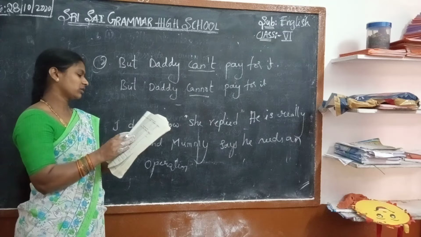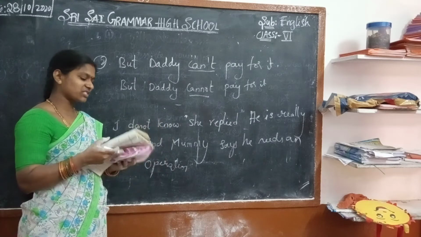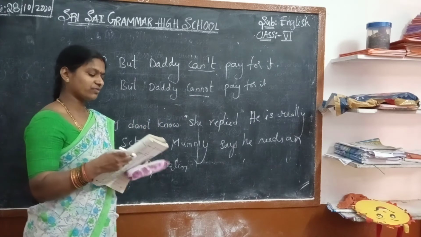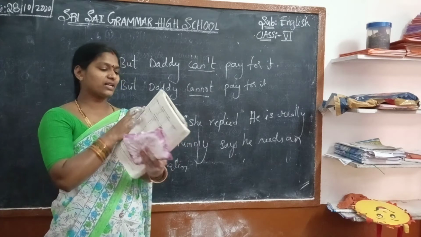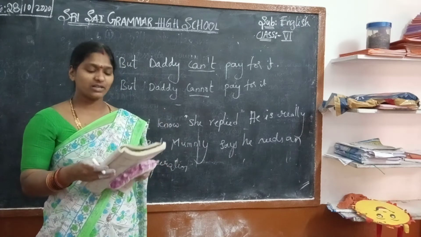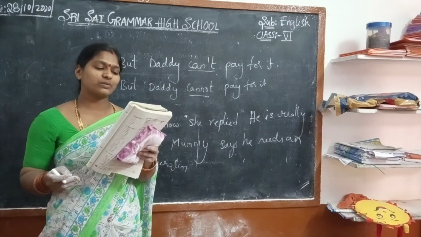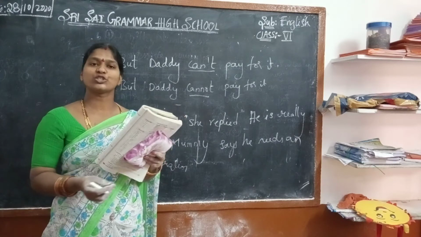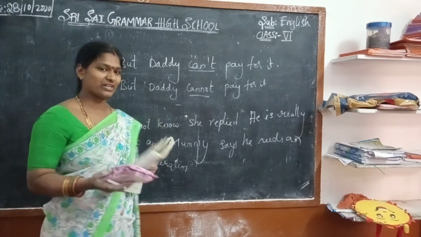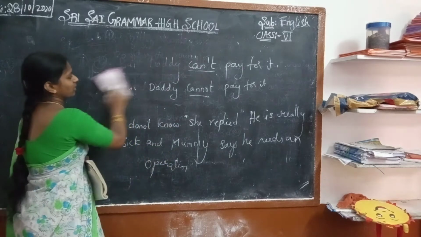Now, long forms and short forms are done. Now, regular verbs and irregular verbs. What are regular verbs and irregular verbs? Regular verbs are formed by adding d or ed to the present tense.